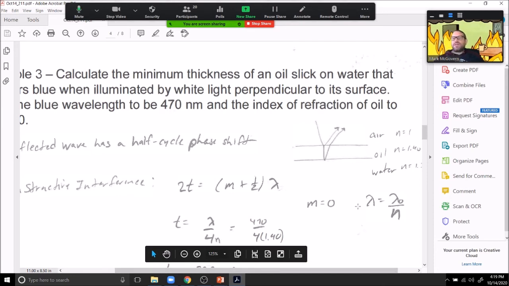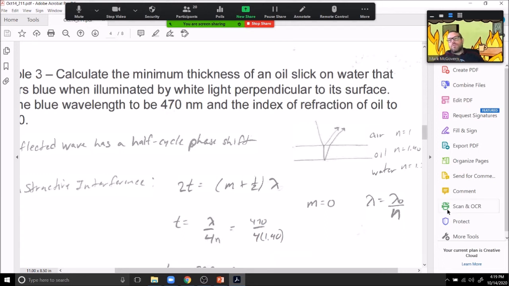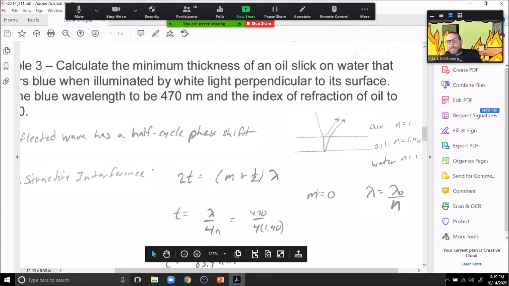And then your lambda is not 470. It's 470 divided by n, because it's not blue light when it's in the oil. It's ultraviolet light. Whatever 470 divided by 1.4 is, ultraviolet light in there.